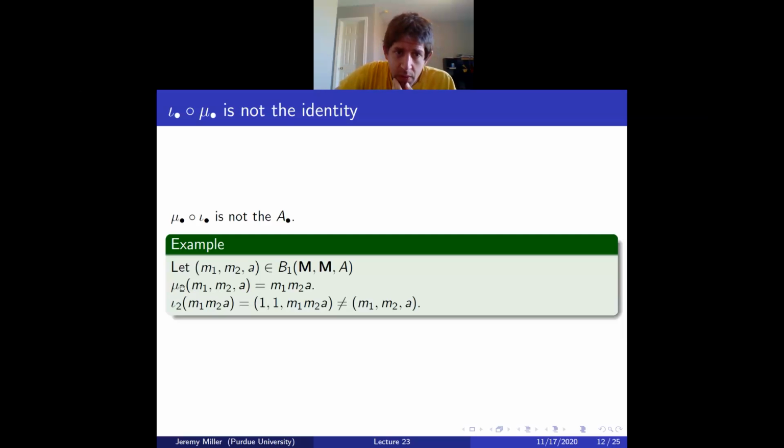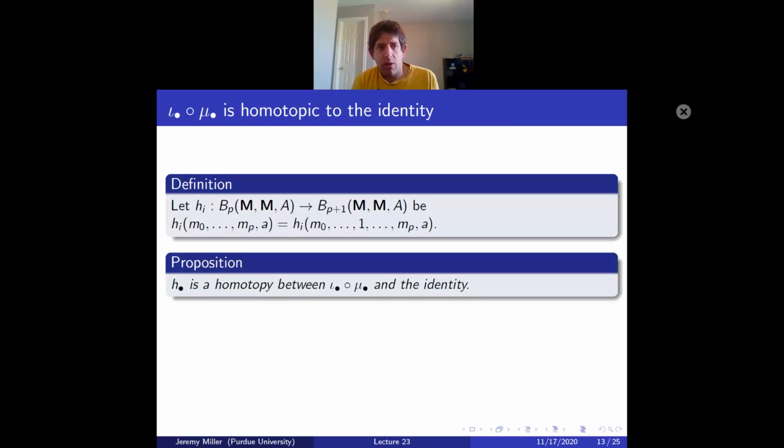So if you multiply everything and then apply the unit, you sort of somehow take all of the stuff and shove it to the right. And again, here I'm assuming the monad comes from an operad to have this make sense. Okay, but we can just write down a formula for a simplicial homotopy.